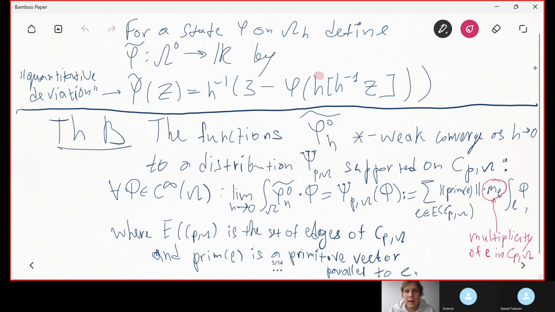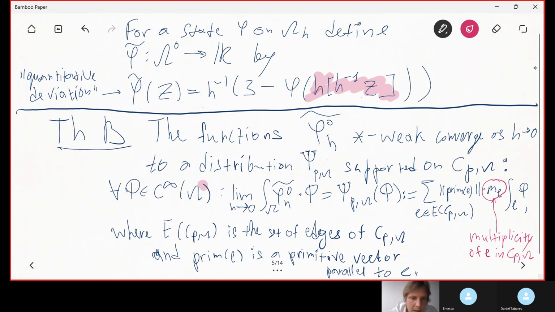What you see inside the brackets is just the way to extend a discrete function, a function on the lattice, to a function defined on the continuous domain. And so that's another formulation: the functions, which are this tilde of the relaxation of the previous state, weak-star converge as h goes to 0 to the distribution supported on the previous tropical curve.